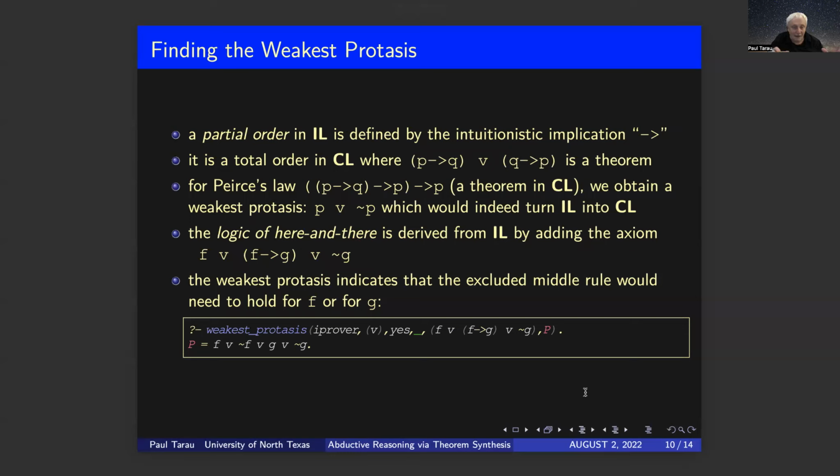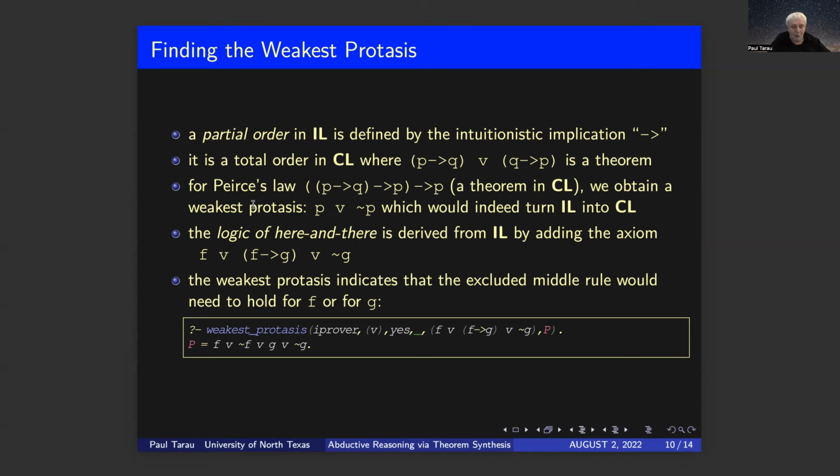So among the assumptions that we find, we would like to make sure that we can find the weakest one. And for that, we rely on a partial order given by the intuitionistic implication. This order is total in classical logic because either P implies Q or Q implies P. That's a theorem. And then we don't have that property in intuitionistic logic. So we have a partial order here.